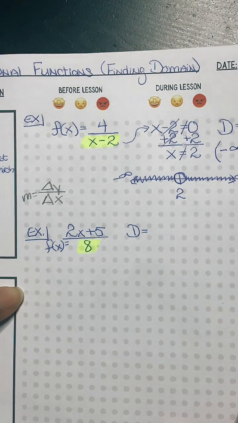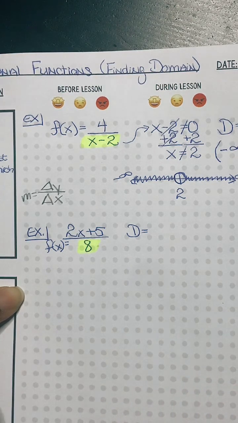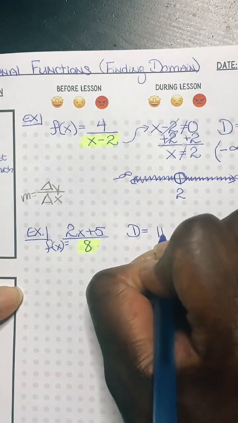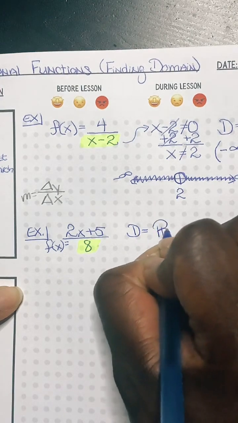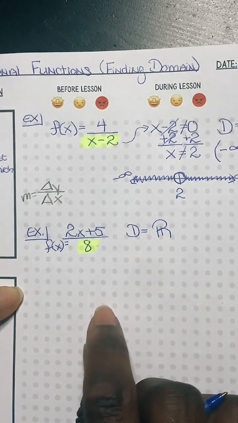If you could take a guess, what would you guess? So it's not just going to be 8. Yes, it's going to be from negative infinity to positive infinity, aka all real numbers.